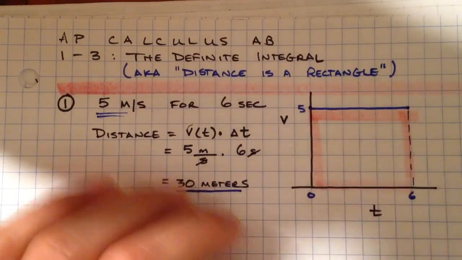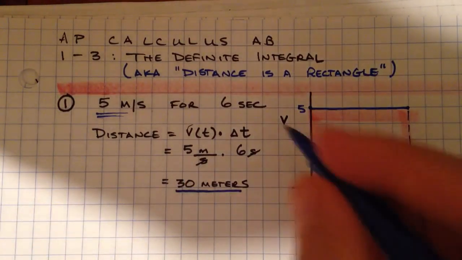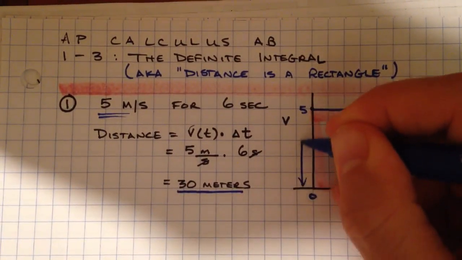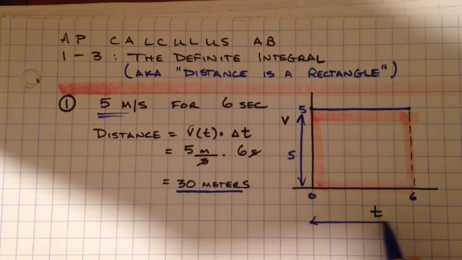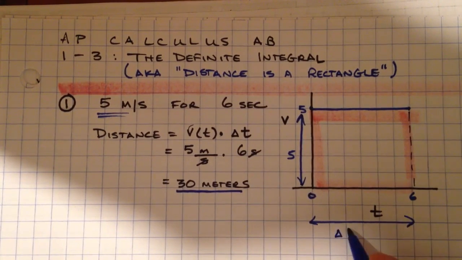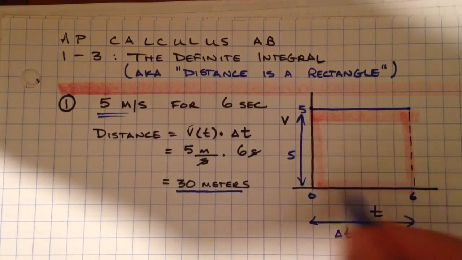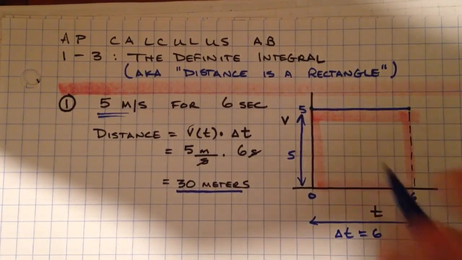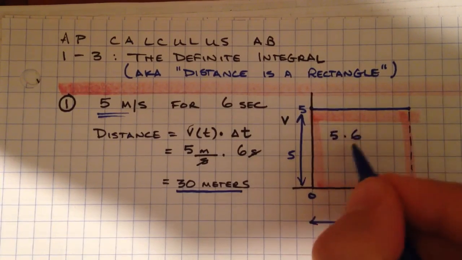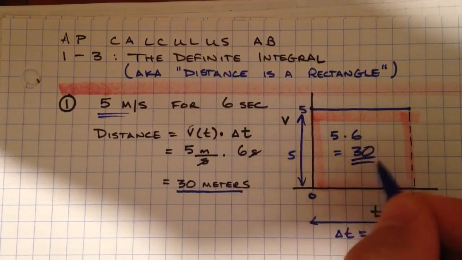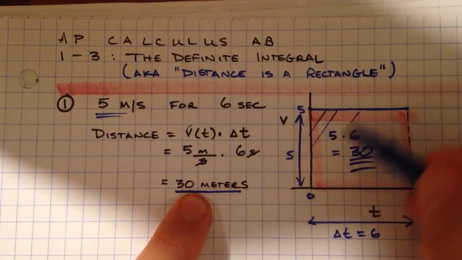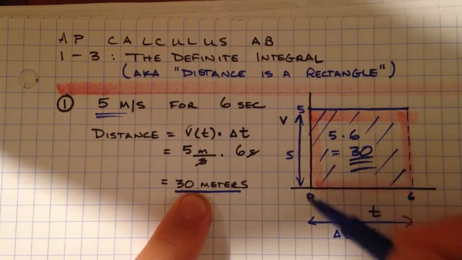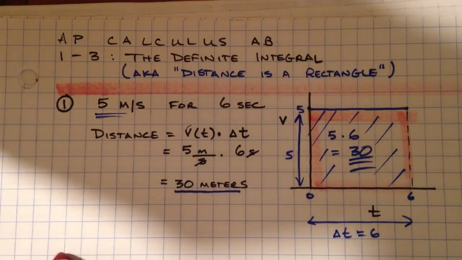And guess what? If we find the area of this rectangle, well, the height is always 5, and the base, which is incidentally equal to how much time goes by, is 6. So 5 times 6 is equal to 30. Translation: when we found 30 meters, we were really finding the area of this rectangle.